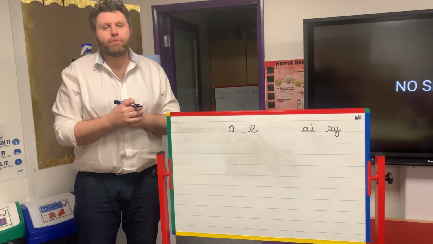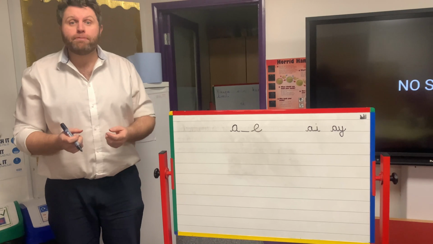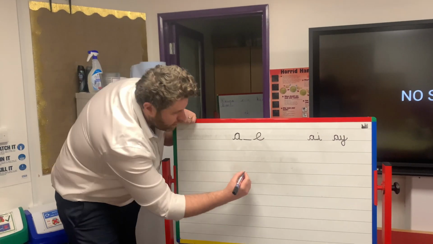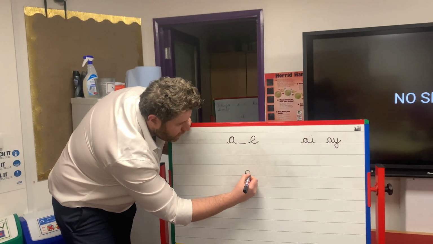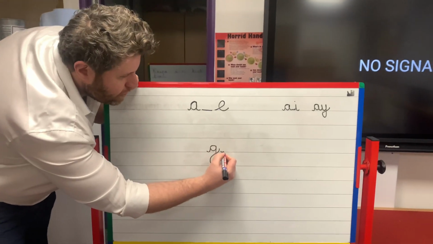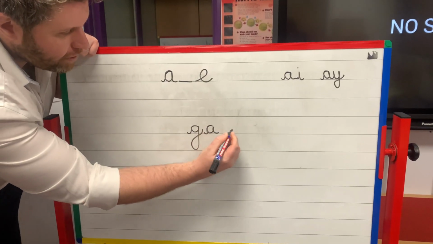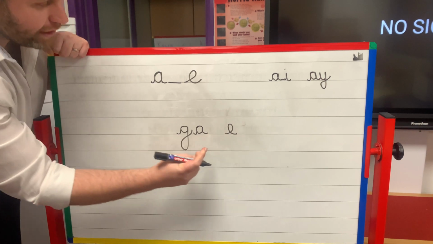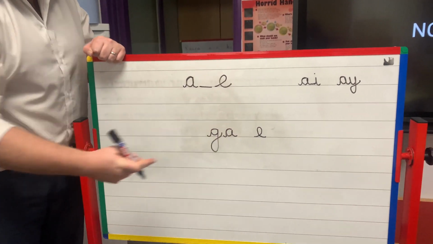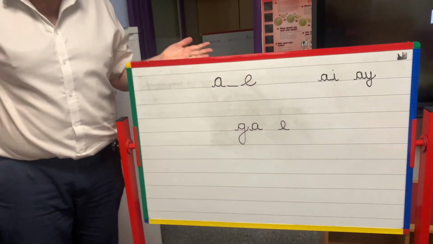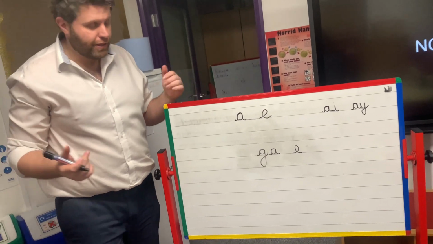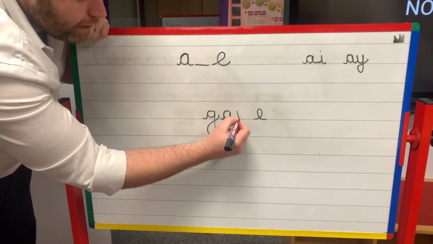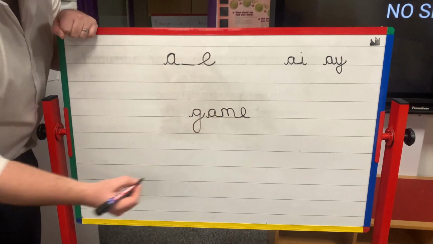So if I wanted to write game, like I'm going to play a game, I would need a G. And then I would do the A of my split digraph and the E. Now, you notice I've left a space. Now that's not right. You wouldn't leave a space there. But the reason I've done that is because that is where my letter is going to go.